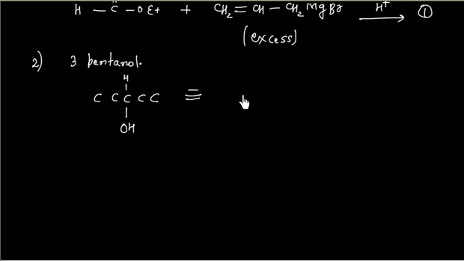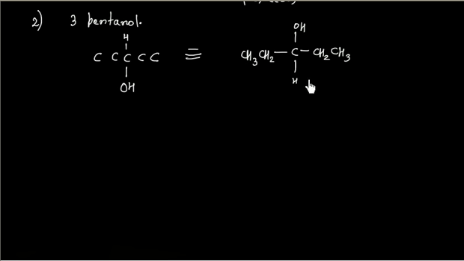This is equivalent to CH3CH2, CH3CH2, C, H, OH. Now see, this is a secondary alcohol and it contains 2 alkyl groups that are the same. So this alkyl group and this alkyl group are the same.